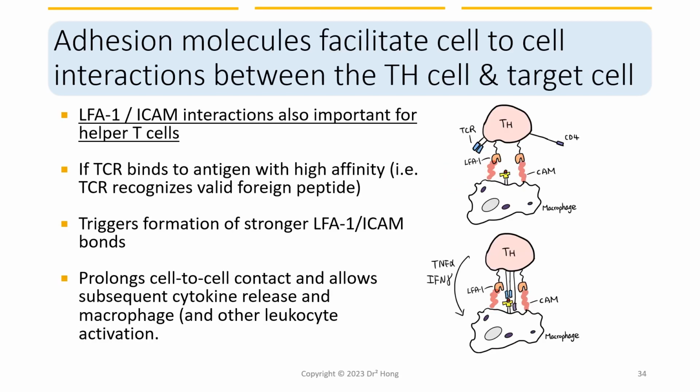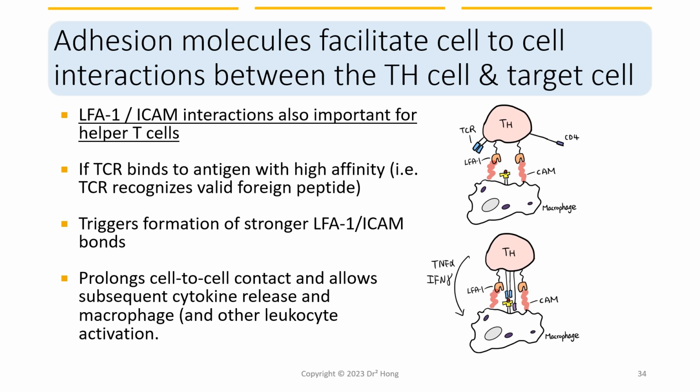So earlier we looked at how adhesion molecules facilitate cell-cell interaction between cytotoxic T cells and target cells. And the same mechanisms also happen with helper T cells and their target cells. Now, instead of a cell that is going to be killed by cytotoxic T cells, the T helper cells' target cells are macrophages, for example, like here particularly for Th1 helper cells.